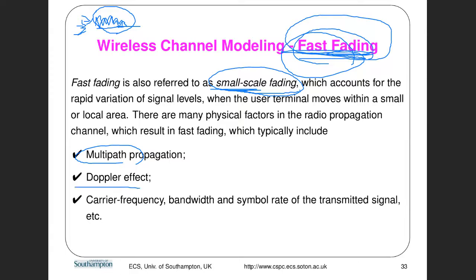Doppler effect, we will talk about it later in detail with equations and everything. But I already know that the Doppler effect happens where the signal waveform changes when either the transmitter or the receiver is moving. So when the signal waveform is changing, the nature of the signal propagation would change as well.